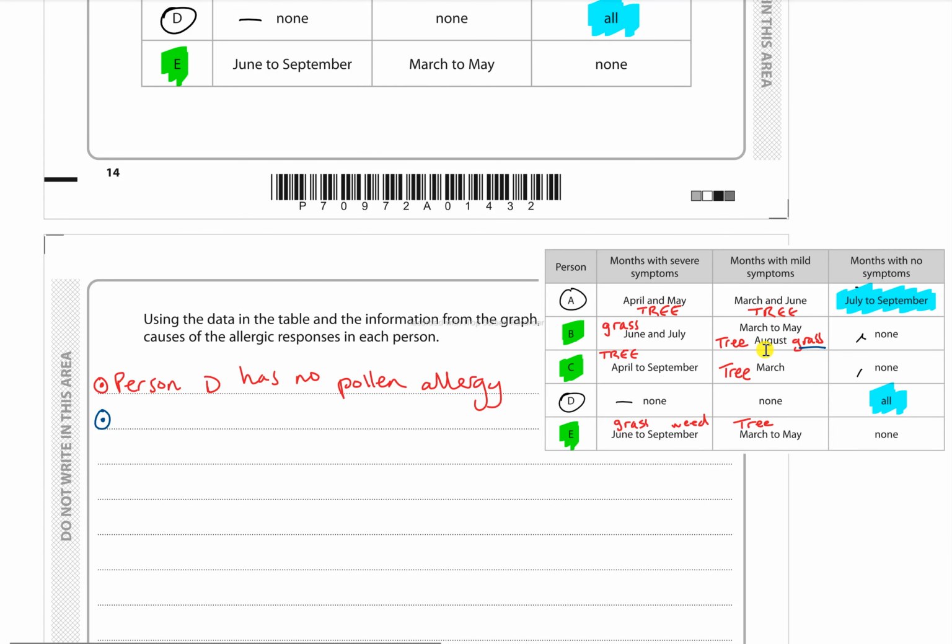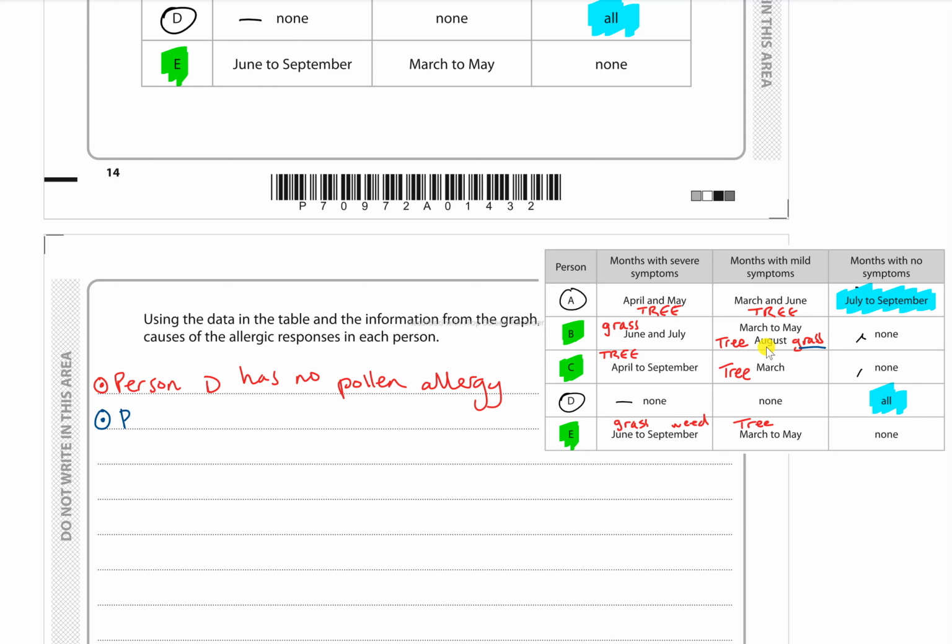June, July, May. So person B has main symptoms.